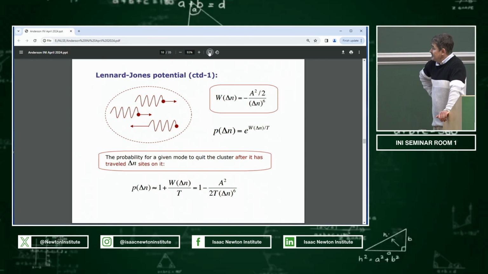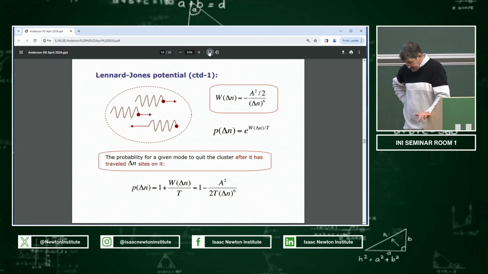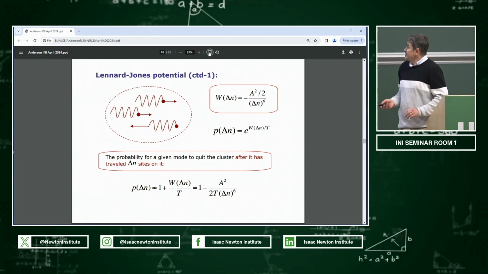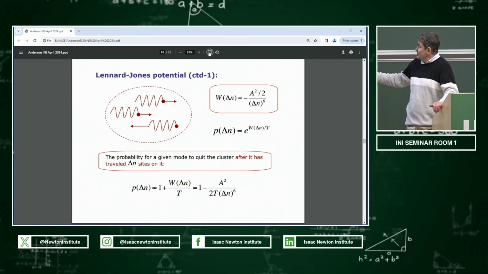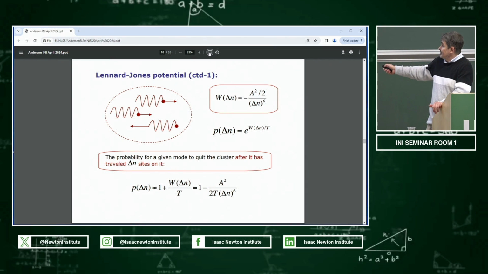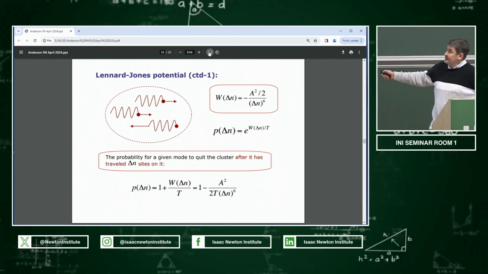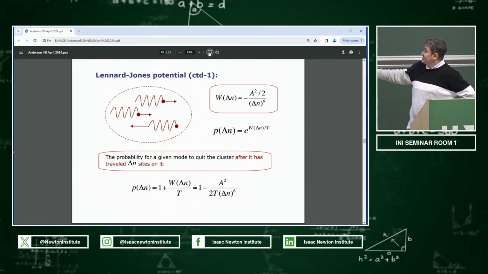Now, I can derive a kinetic equation for field spreading on account of this attractive interaction. And that is how, again, I introduce a Boltzmann factor, which would relate the potential energy due to Lennard-Jones interaction to the temperature of the stochastic sea.